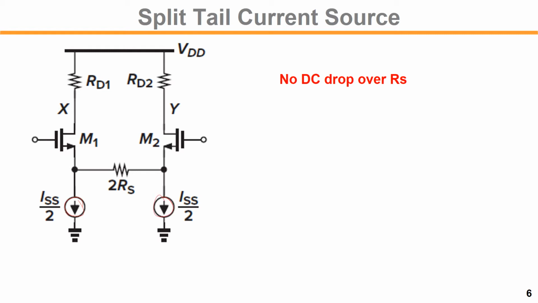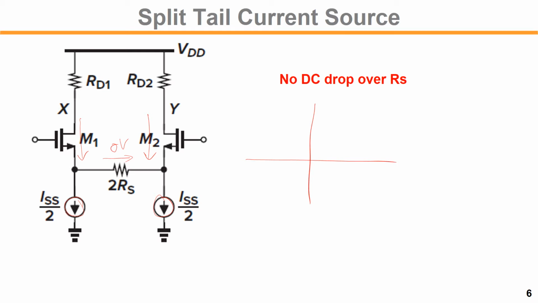At bias, the current flowing through RS would be zero, so the voltage drop over RS would be 0. So the input common mode range is now recovered, right? Because there is no voltage drop on the source. But the signal gain and input linear range would be the same, right?